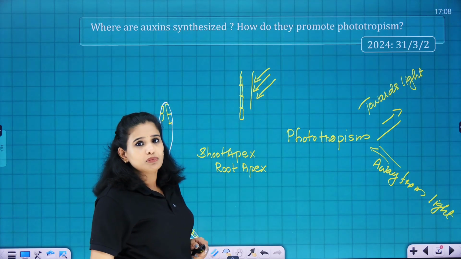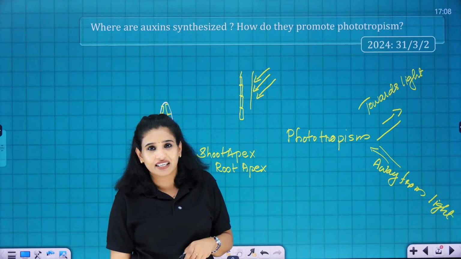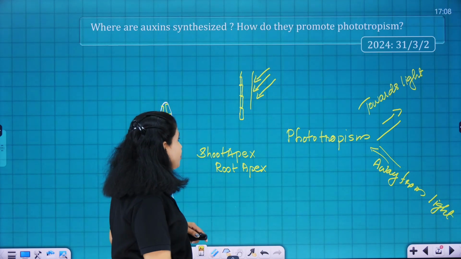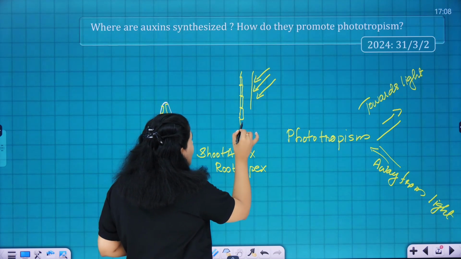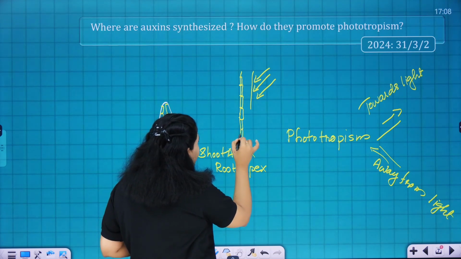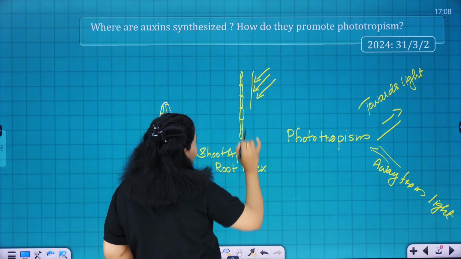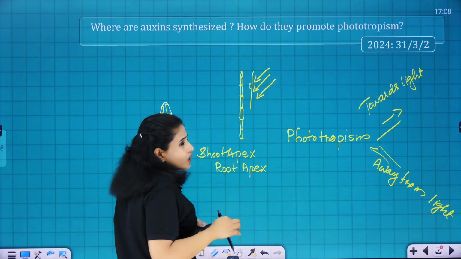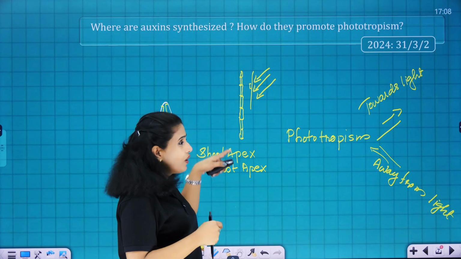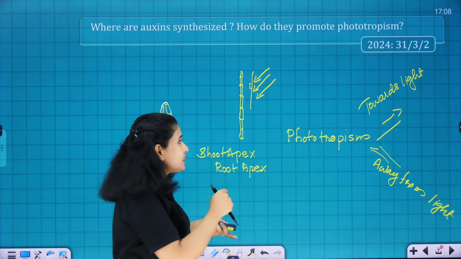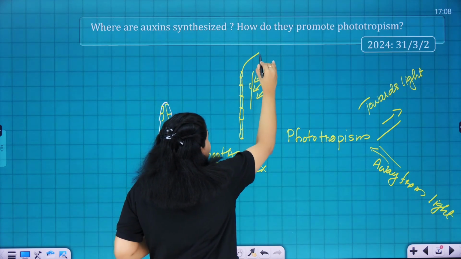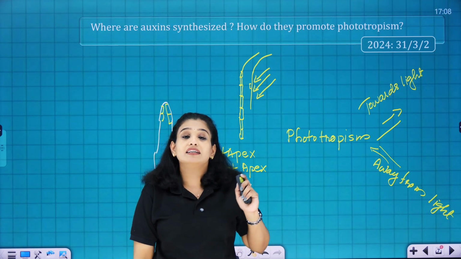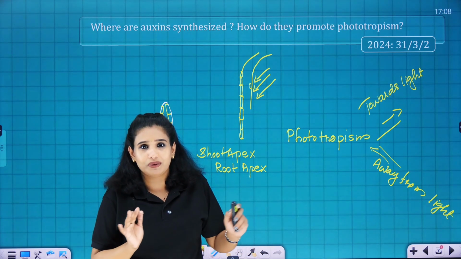In the shaded side, due to the presence of auxin, the cells start elongating. When the cells elongate more on the shaded side, obviously the shoot will bend like this. This is what we call phototropism.